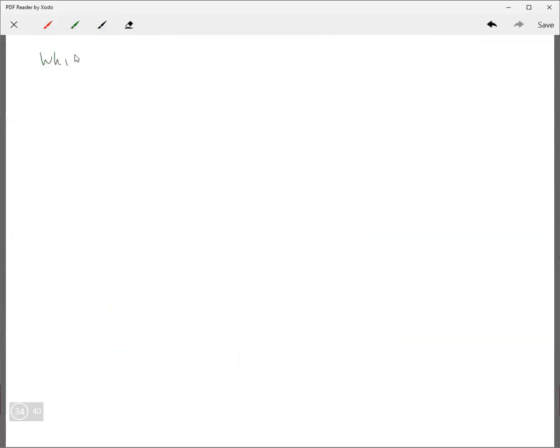Okay, what is the function represented by, let's say that we have k, z to the k plus 1. Okay, so a function like that.